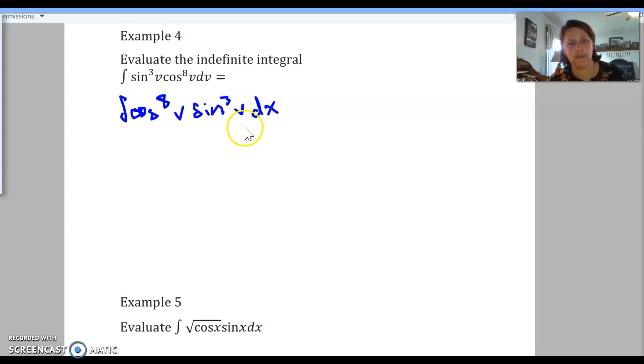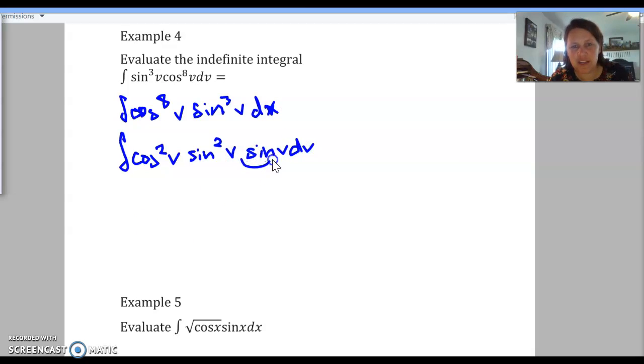So let's see what happens if I peel off a sine from the sine cubed v. I'll have cosine to the 8th v and sine squared v times sine v dv.